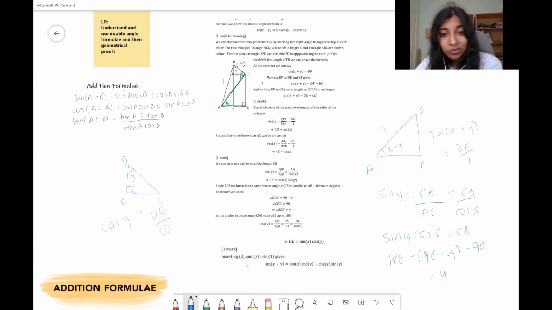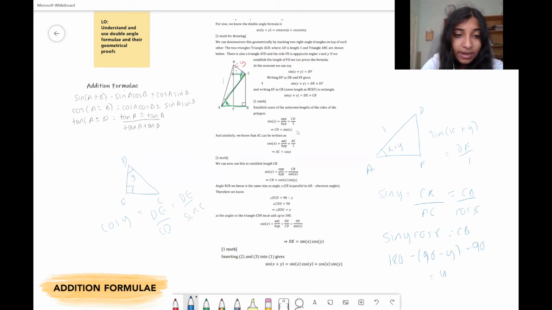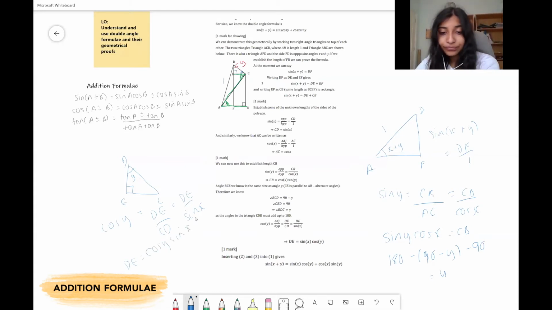And we worked out what CD was here, so CD is just sine x, so that's just equal to DE over sine x. And now if we were to multiply out, we would just get DE is equal to cos y sine x.